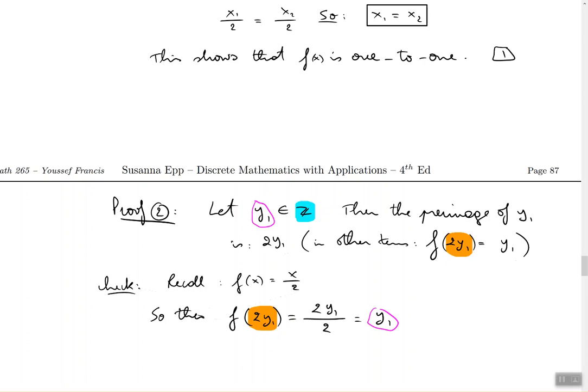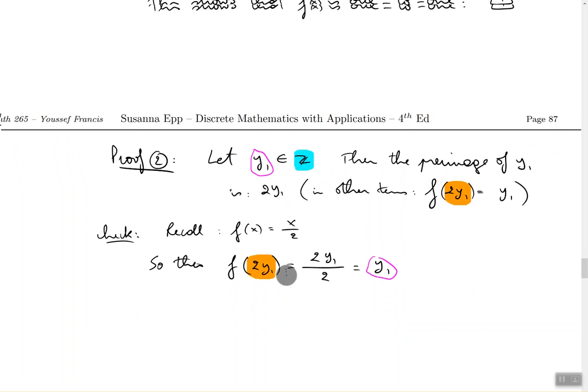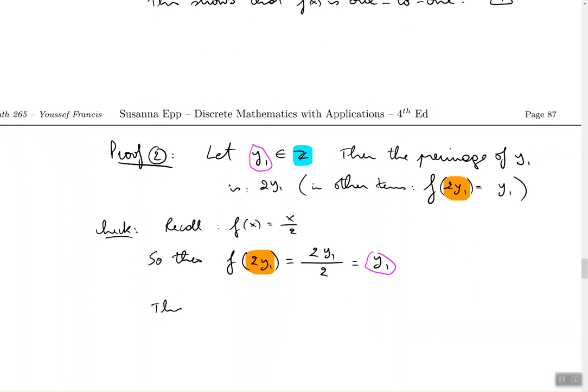So that means you started with a number in the codomain and you found its pre-image. And you can do that for any random number in the codomain. You can always find the pre-image. Since it's doable for every single one of them, this shows that the function f of x is onto. And that's the QED of proof 2.